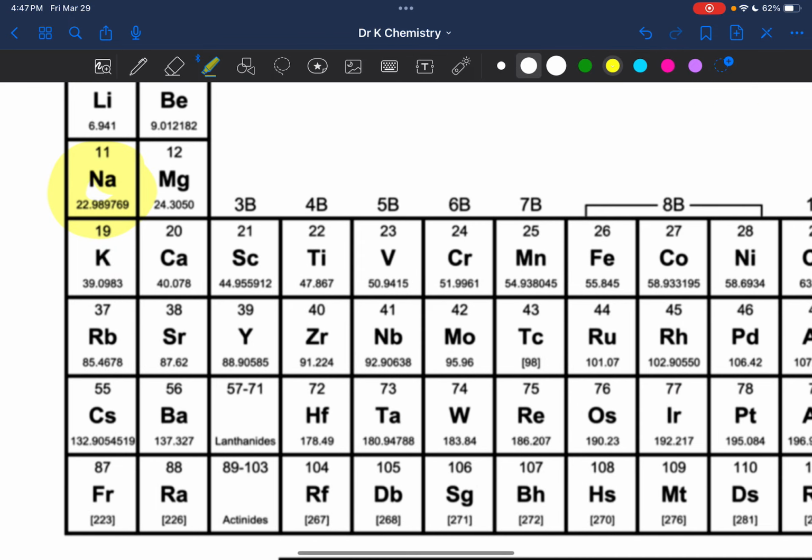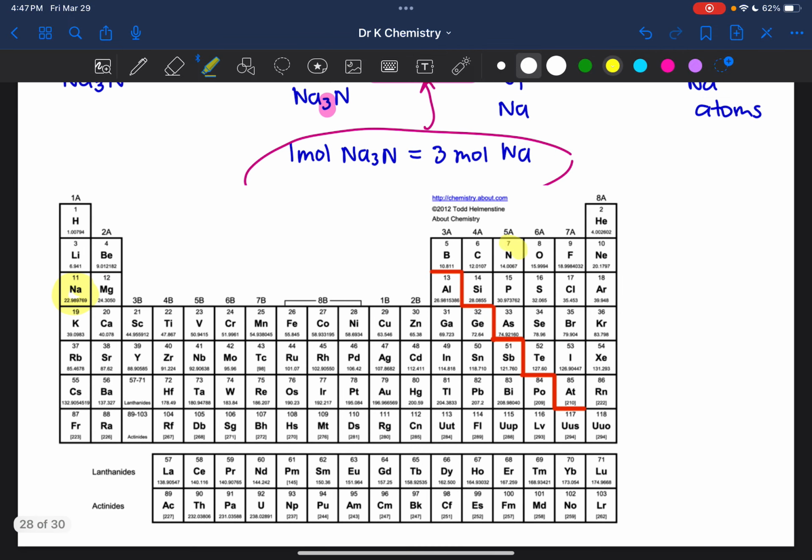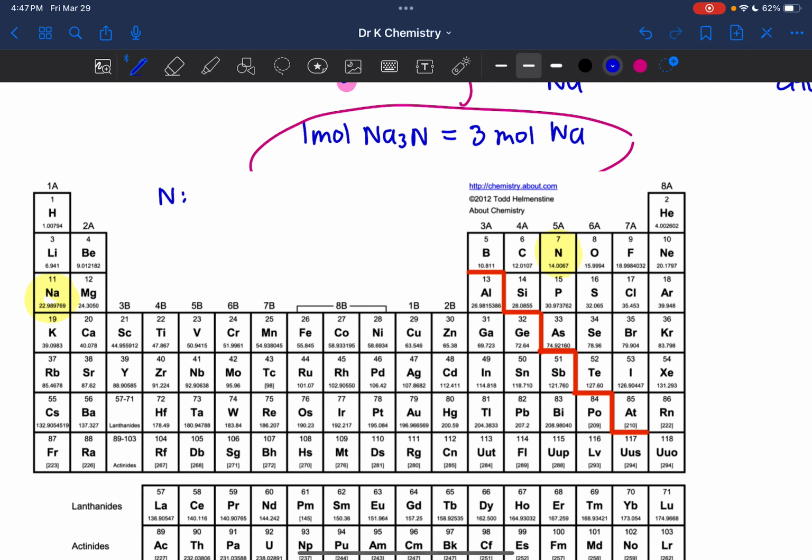Okay, I know this is really tiny. And then I need the nitrogen atom. So let's do that right here. Okay, so nitrogen is 14.007 grams per mole. And I'm rounding a little bit here. And then sodium is, I'm going to round this to 22.99 grams per mole.